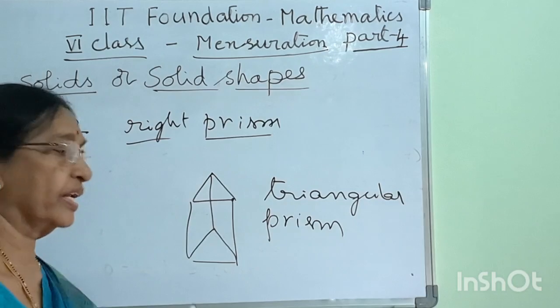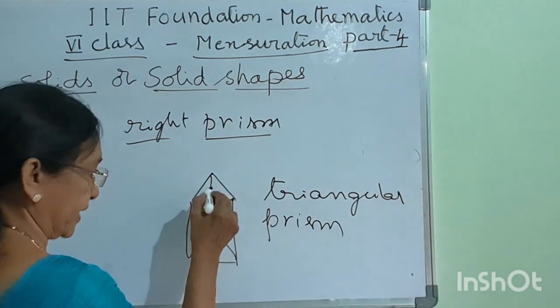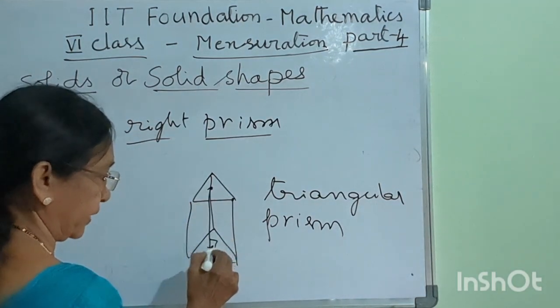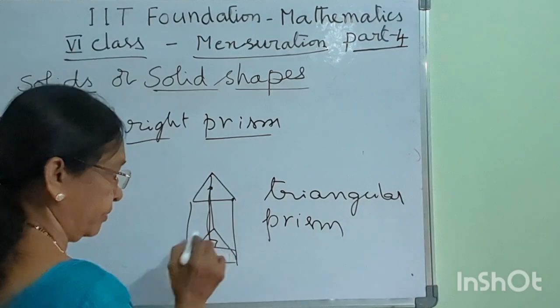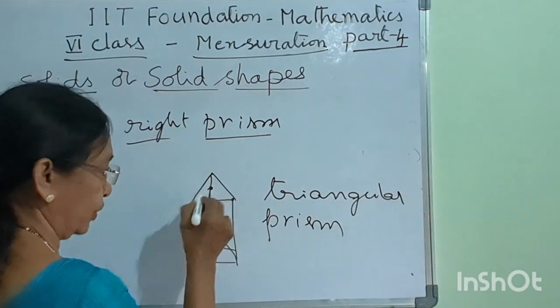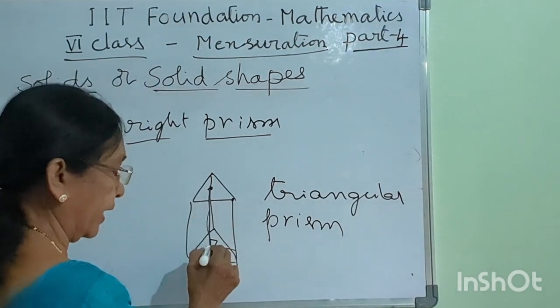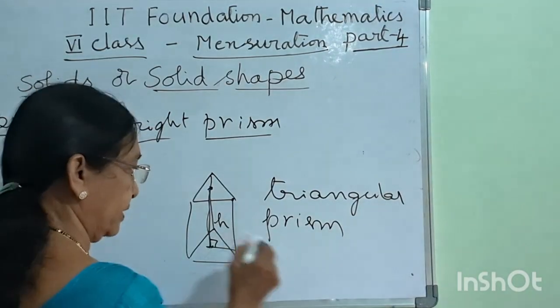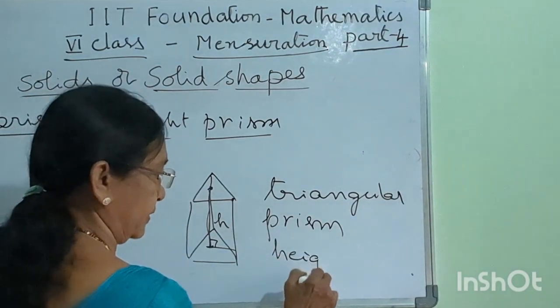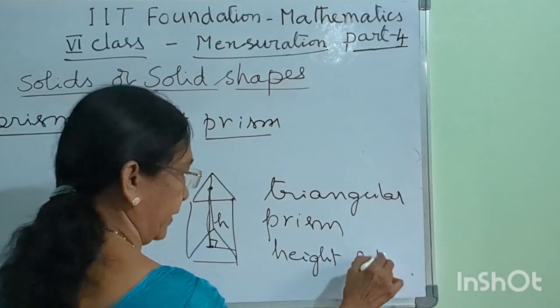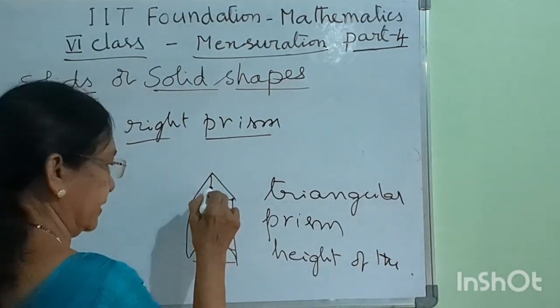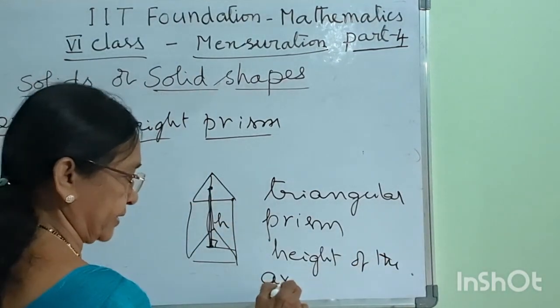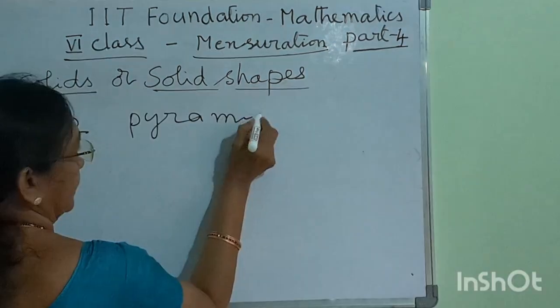Generally we take regular prisms, therefore the axis is perpendicular to the base or the top, and the length of this axis is called the height of the prism. H is the height of the prism, and this line is called the axis of the prism.